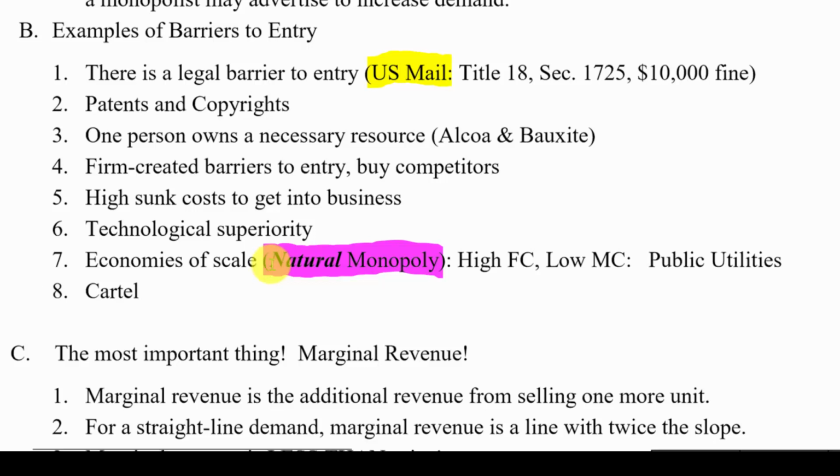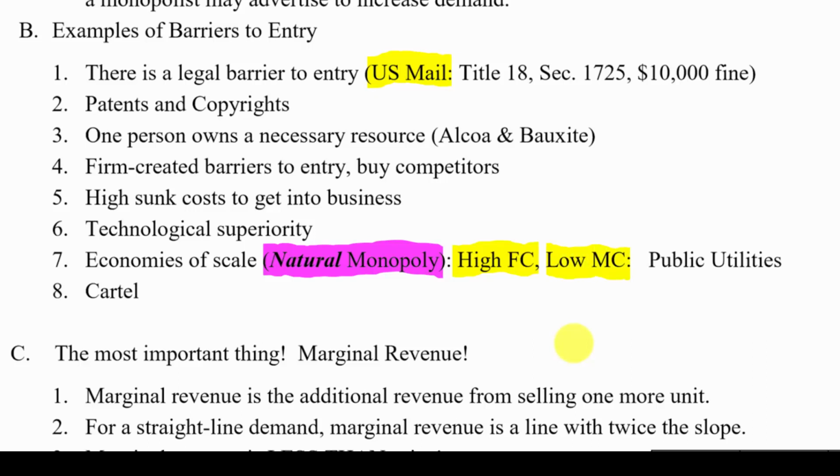It's cheaper to have one firm. It's much more efficient to have one firm. So it's only natural that you would have a monopoly. Natural monopolies, we usually see have this characteristic: really high fixed costs to get into business, but then very low marginal costs. Let me give you an example.